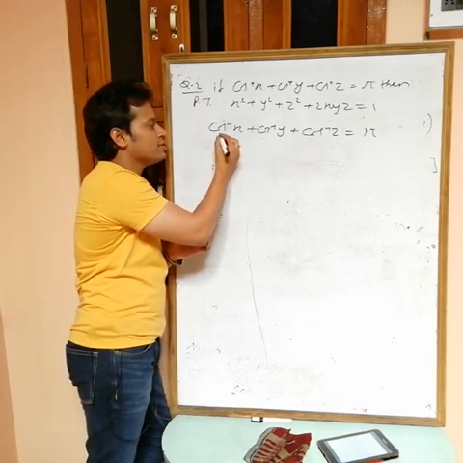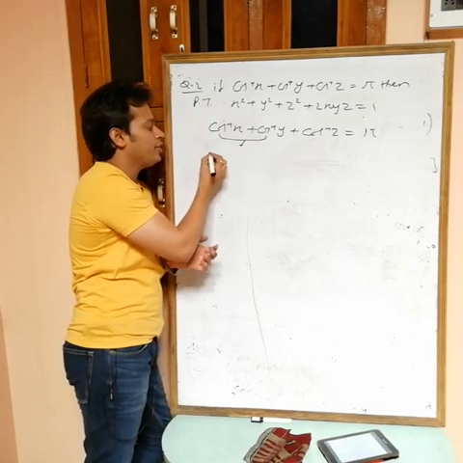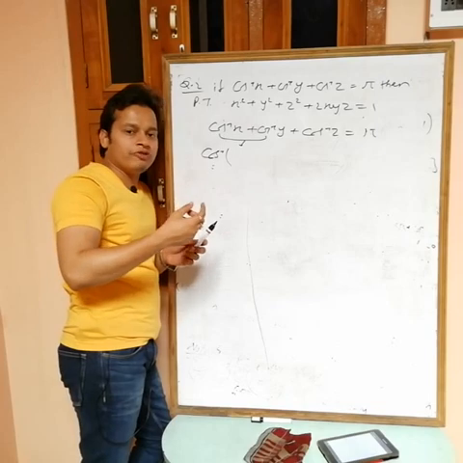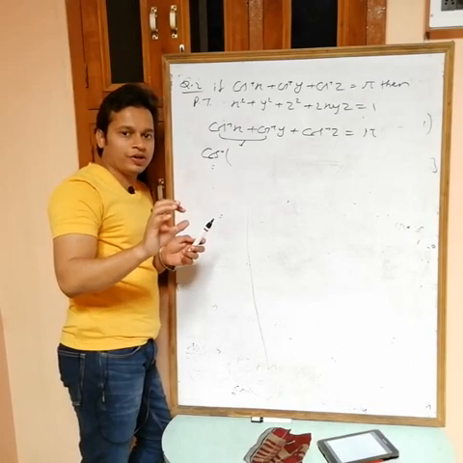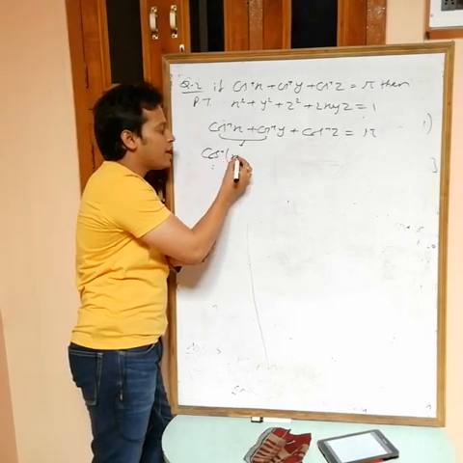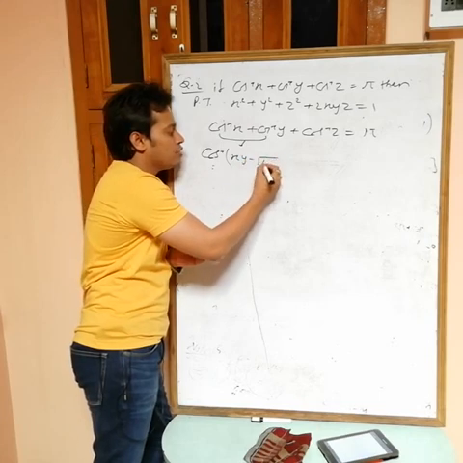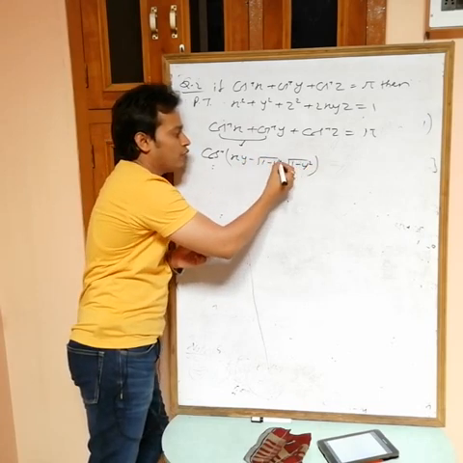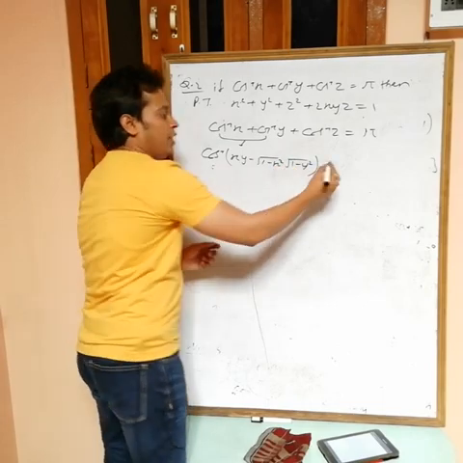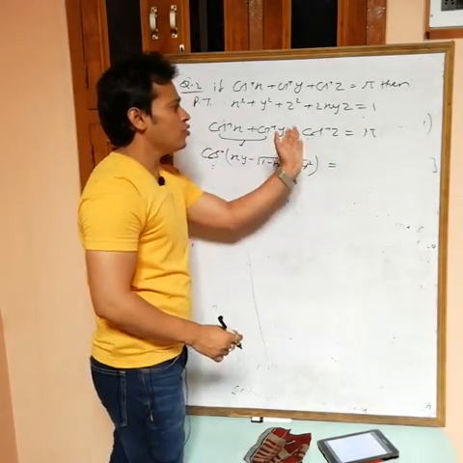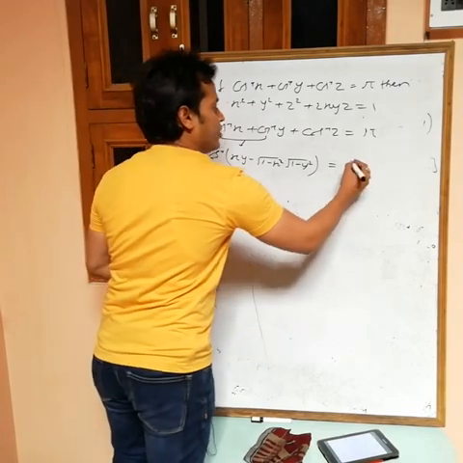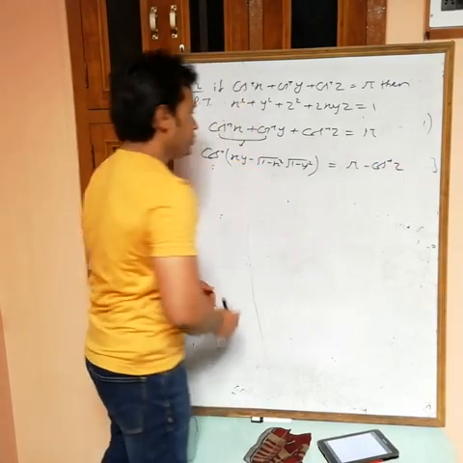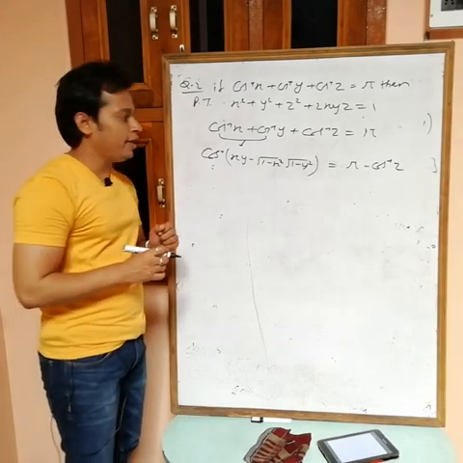Cos inverse x plus cos inverse y can be written as cos inverse of xy minus root 1 minus x square times root 1 minus y square. And write cos inverse z on this side. Then what we are getting? Pi minus cos inverse z. Now we want the relation between x, y, z.